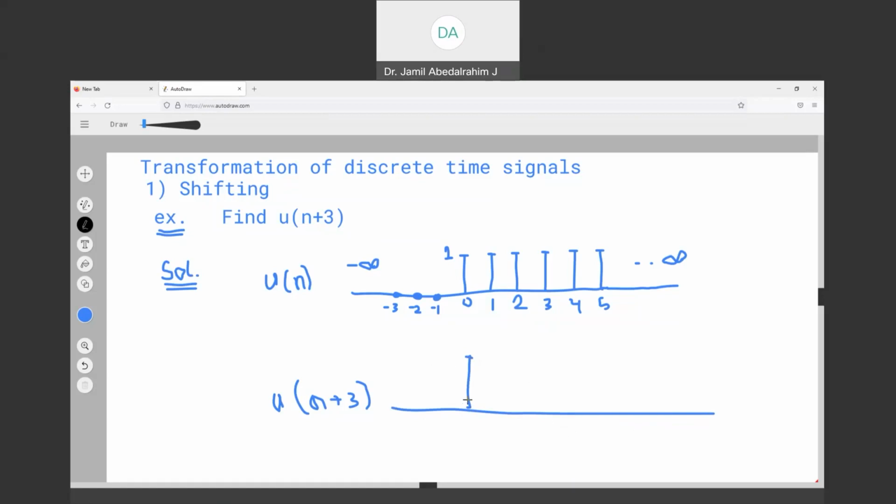This is 0. One, 2, 3, 4, 5 until infinity.